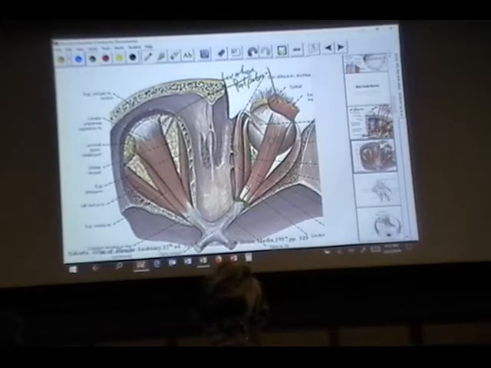And this is called the ligament of Zinn.